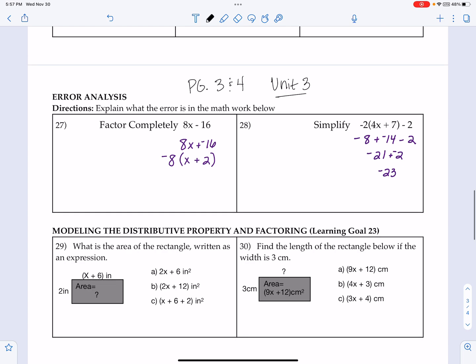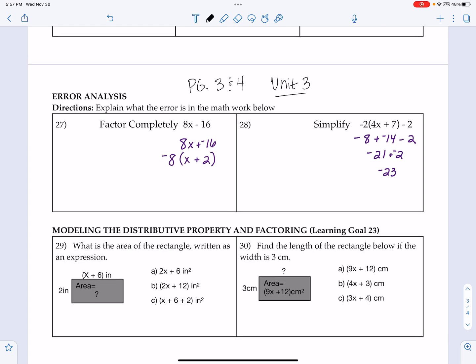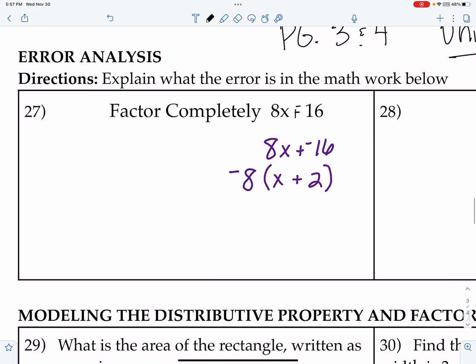All right, so first one, explain what the error is in the math work below. So I see the KFC, which is what I would have done. And then I'm factoring this out. So I factor out an 8. I can see this negative 8x wouldn't work, the 8 times the x.